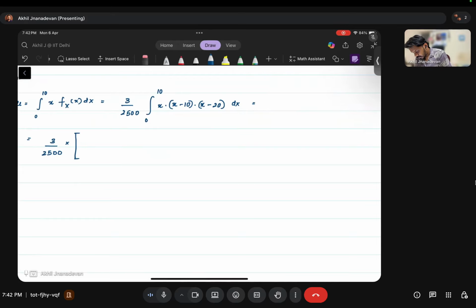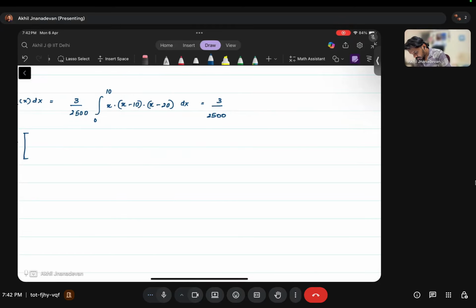So 3 by 2500 times, within the integral from 0 to 10, x into (x square minus 20x minus 10x plus 200) dx.